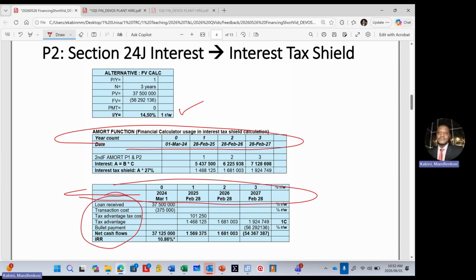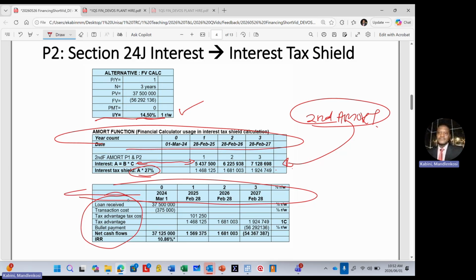So after calculating the missing variable, which is the interest, we can invoke that second function amort to call out the interest, on which we will then apply the tax rate to get the interest tax shield. Then the rest of the cash flows are put in.